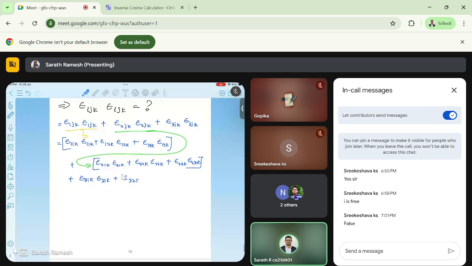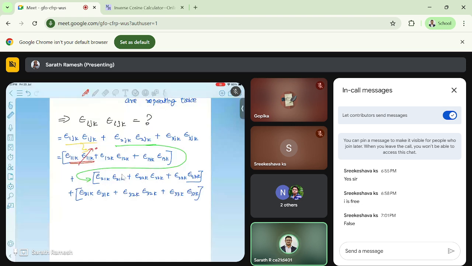For k equal to 1 it becomes 0, for k equal to 2 it becomes 0, for k equal to 3 it becomes 1. So for k equal to 3 only it will become 1. So 1, plus again similarly for k equal to 1 it becomes 0.